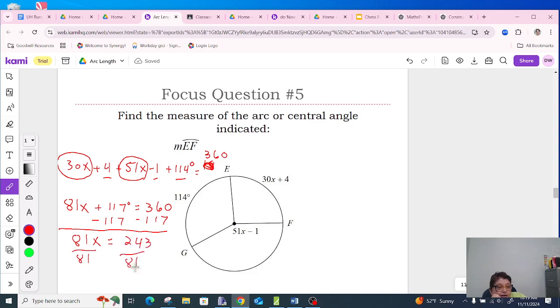And then you want to take the EF, the 30 times 3 plus 4. So once you get 3, did everybody get 3? Or are you still working on that? Now you have to substitute it in because it wanted this arc measure here.